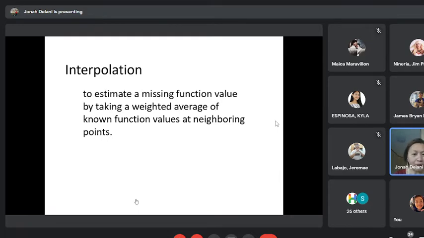So, kung ang atong values, for example, kung 1 kilogram, 1 centimeter. Kung 2 kilogram, 1.5 centimeters. Kung 3 kilogram, 3 centimeter. Natay 1, 2, 3 kilogram.